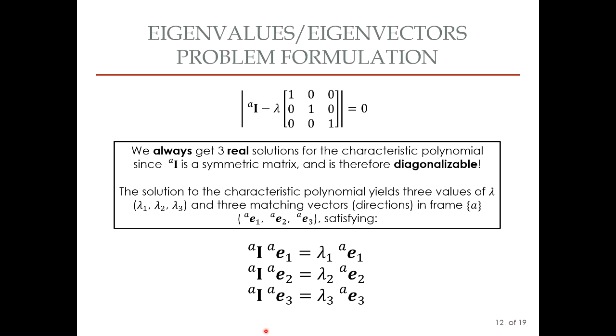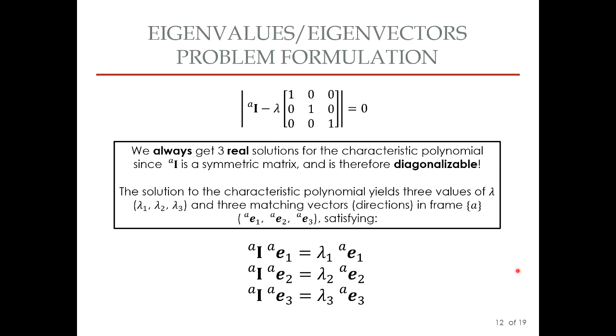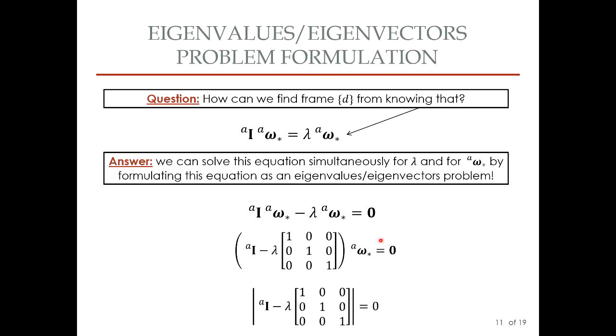So from here, what you can find is simultaneously three values of lambda, and for each of these lambda values, you will find the corresponding eigenvector. And these eigenvectors could stand for these omegas. So you are finding essentially three sets of lambda and omega to satisfy this equation.